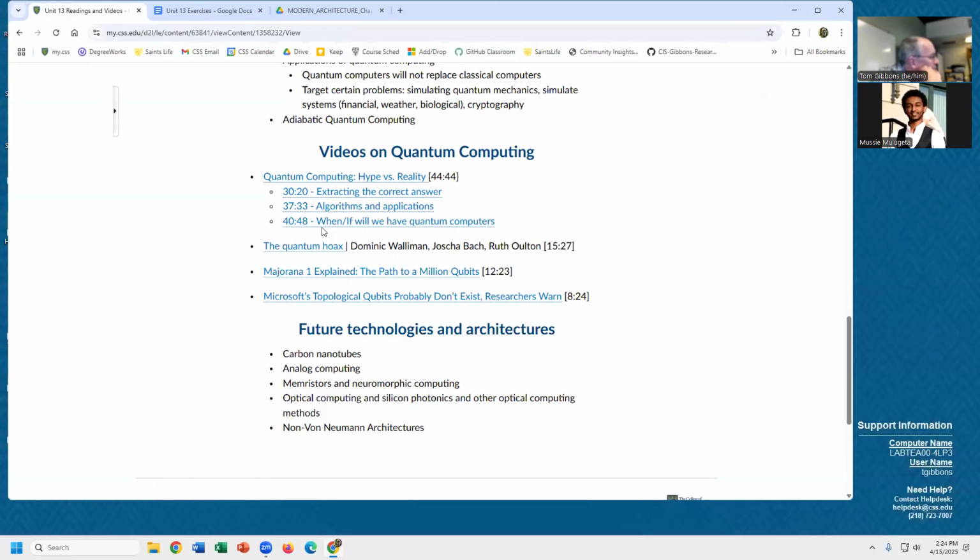I'm a little pessimistic of quantum computing, and maybe it's just because I've been around for so long and they've been promising stuff for so long, and I see significant issues with this sort of stuff. But again, I'm certainly not an expert in this area.